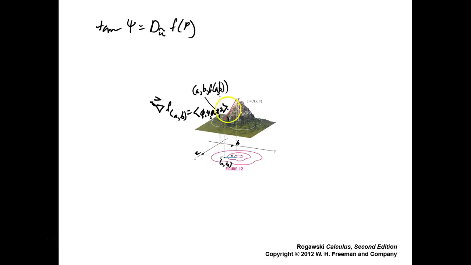So the gradient is this up the hill here. That's the gradient, steepest approach. Psi is the angle that it's making with u.